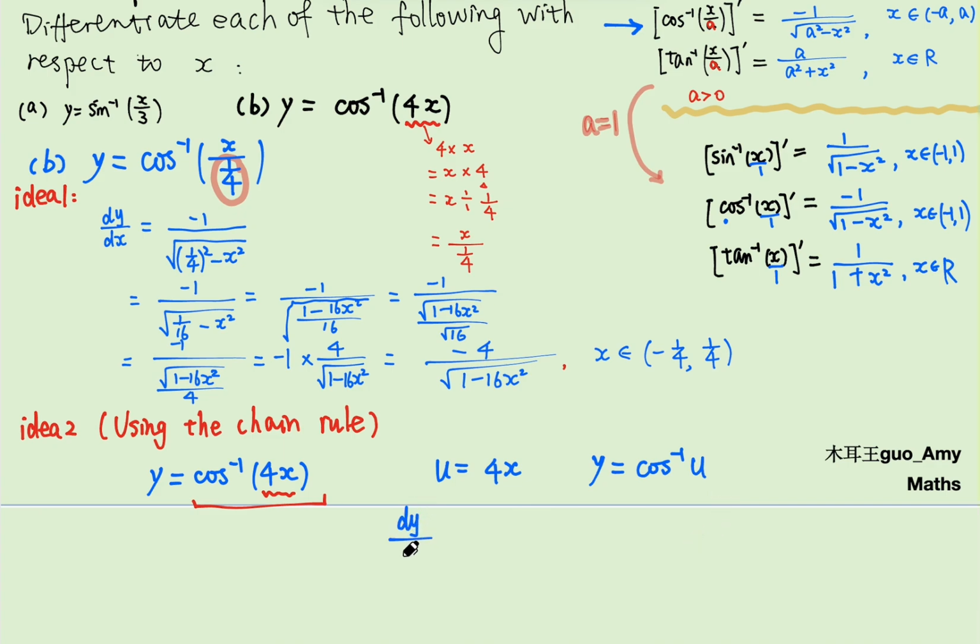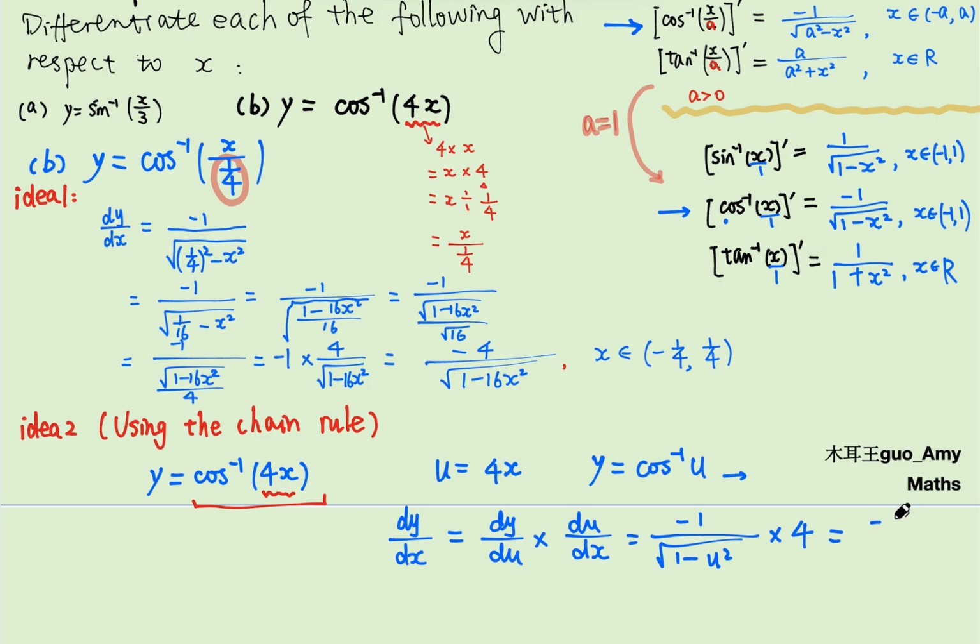By using the chain rule, we will have dy/dx equals dy/du times du/dx. For the outer function, inverse cosine u, we can just use the formula of the basic function to get the result -1 over root 1 minus u squared. Then for the inner function u equals 4x, the derivative is equal to 4.